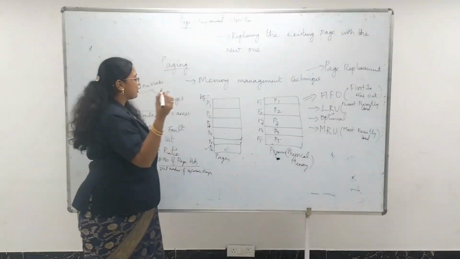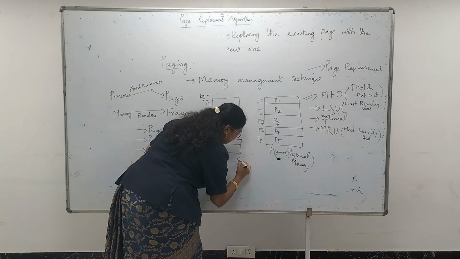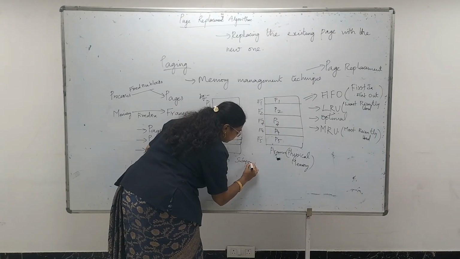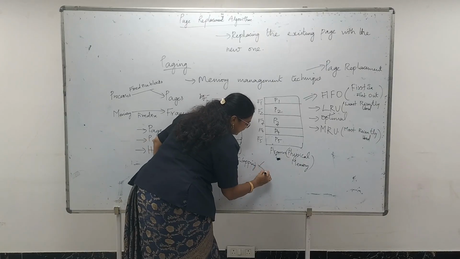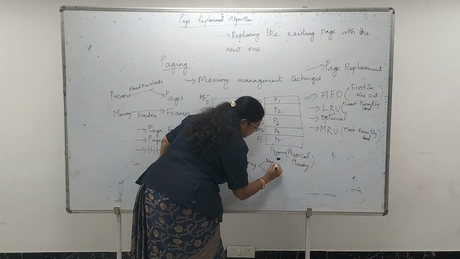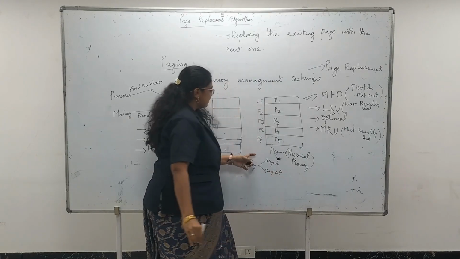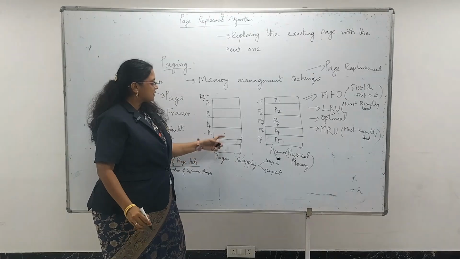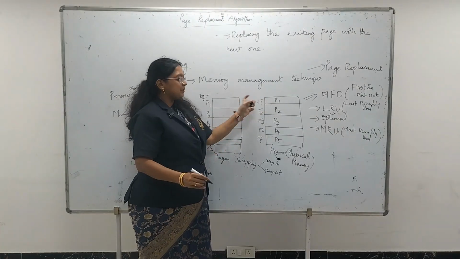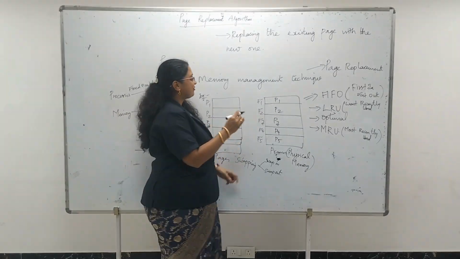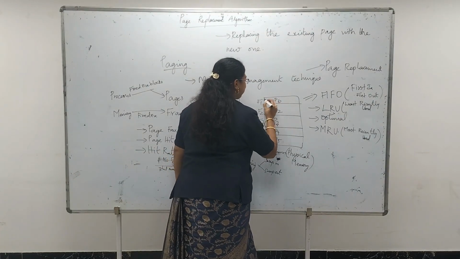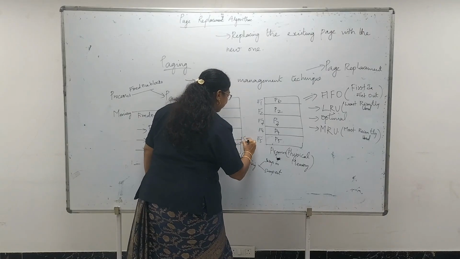Another term we need to see is swapping, that is swap in and swap out. Here you are inserting P6 into the frame. That is swap in: P6 is swapped into the page.